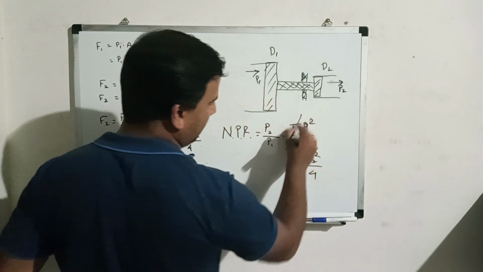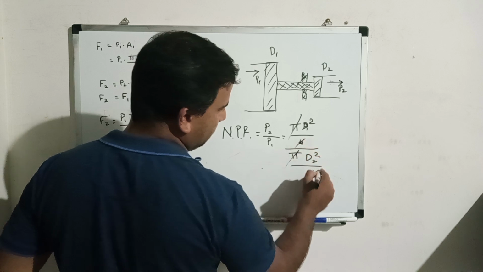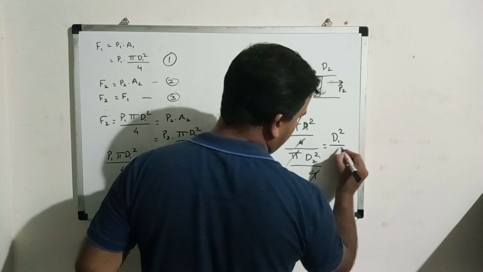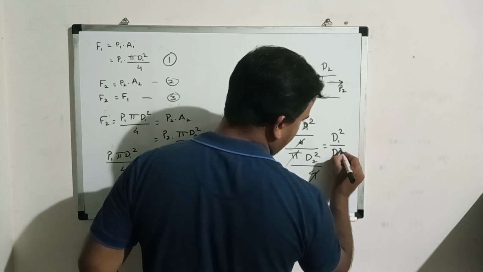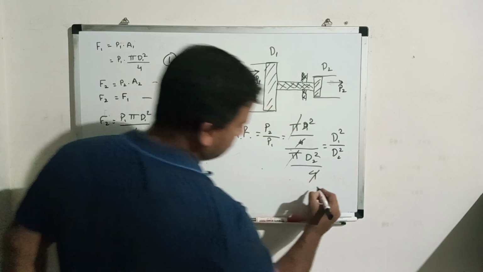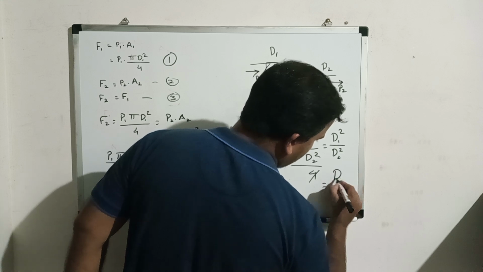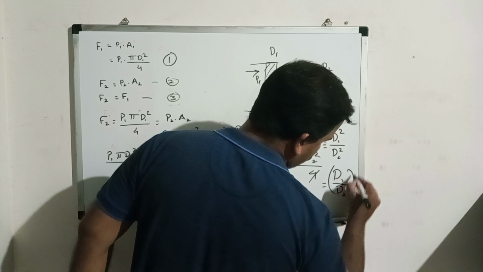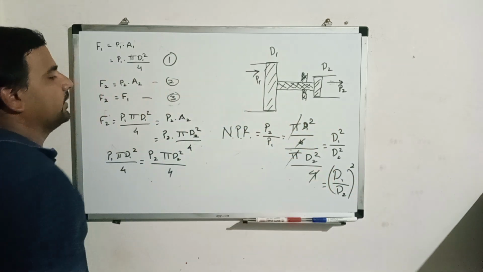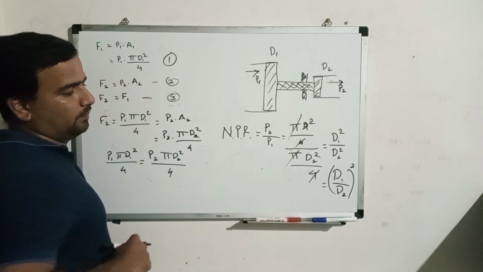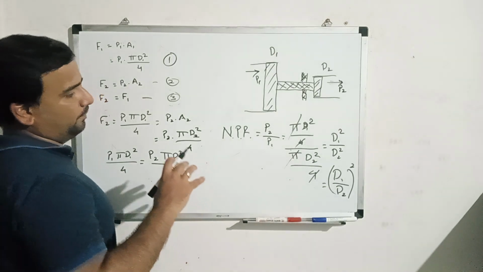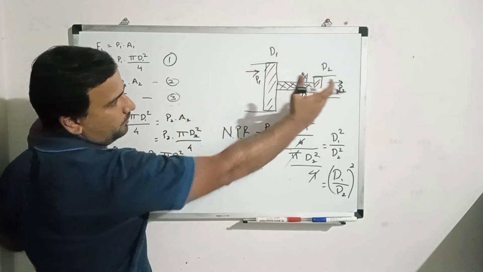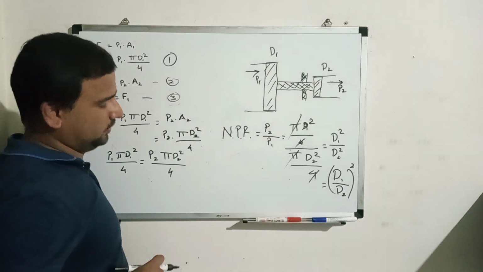We can cancel pi and the 4, so that comes to d1 square upon d2 square, which can also be written as d1 upon d2 the whole square. What this simply means is the pressure ratio will be the square of the ratio of the diameter of the two pistons.